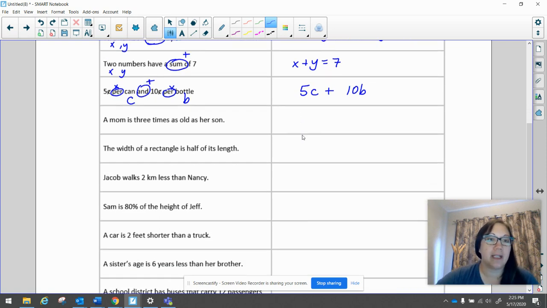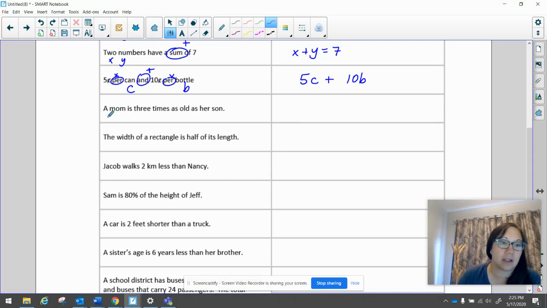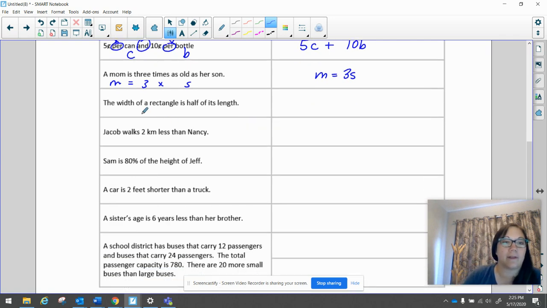A mom is 3 times as old as her son. So we're going to say that the mom is M, is equals 3 times, literally means times, as old as her son. So the mom is 3 times S. The width of a rectangle is half of its length.